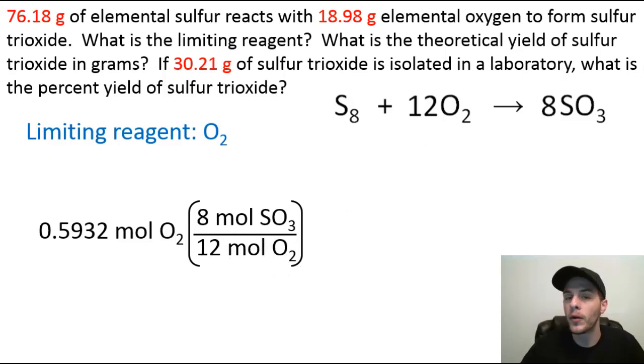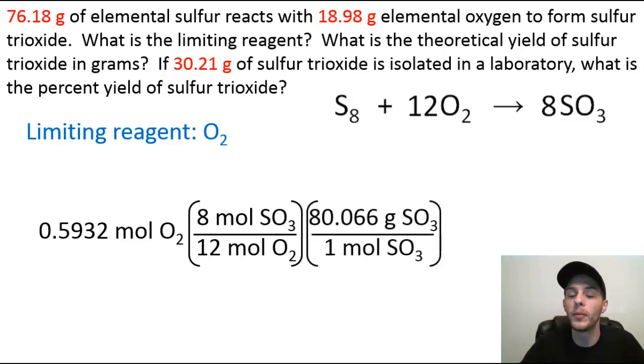That's going to give me the theoretical yield of SO3 in moles, but notice the problem is asking us for the theoretical yield of SO3 in grams. So I need to convert from moles of SO3 to grams of SO3, and I'm going to do that using the molar mass from the periodic table, and that is 80.066 grams of SO3 for every 1 mole of SO3. So I put moles of SO3 on the bottom, grams of SO3 on top.